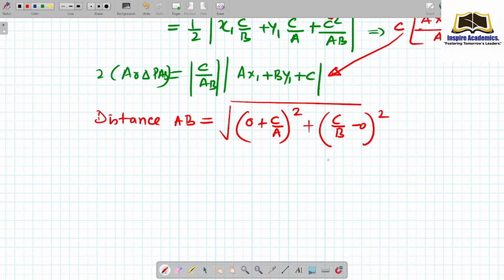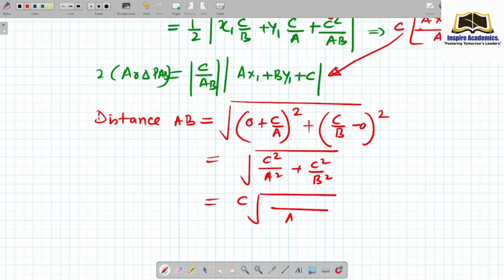Distance formula लगाया नहीं लगाया? So how much you got? C square upon A square plus C square upon B square under root. Can you take C outside? C root 1 by A square B square, and here you will get A square plus B square.